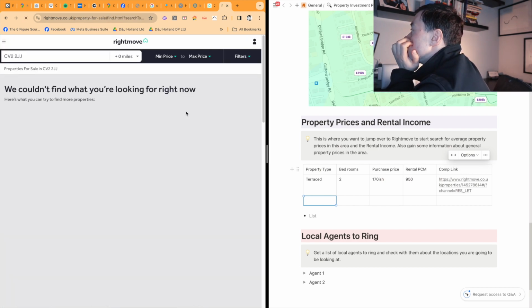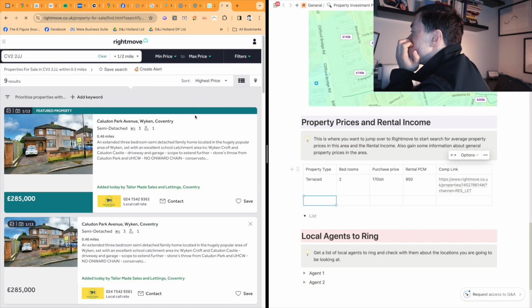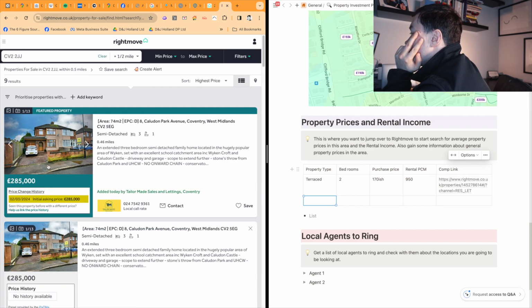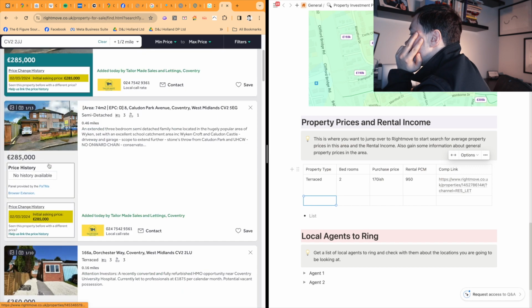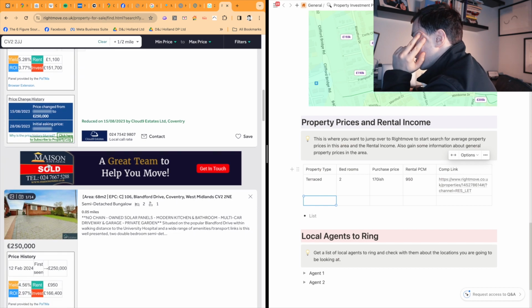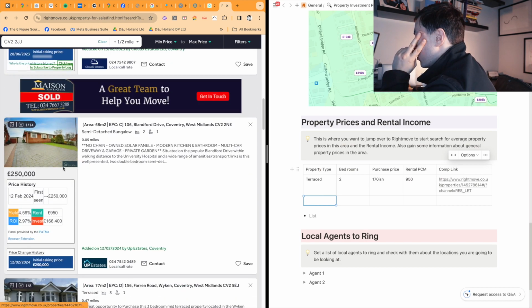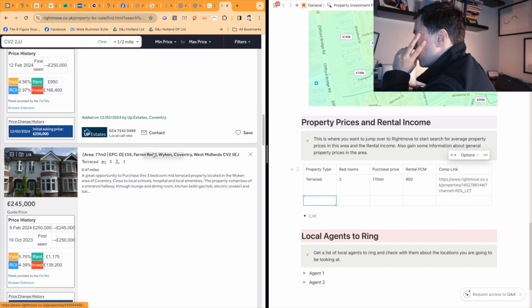This postcode only. Okay, there's nothing there. Let's just go within half a mile. So 3 beds. Wow, 285. It's quite expensive, isn't it, really? It's a bungalow, 250. Bungalows are always expensive. Right, terrace 3-bed.